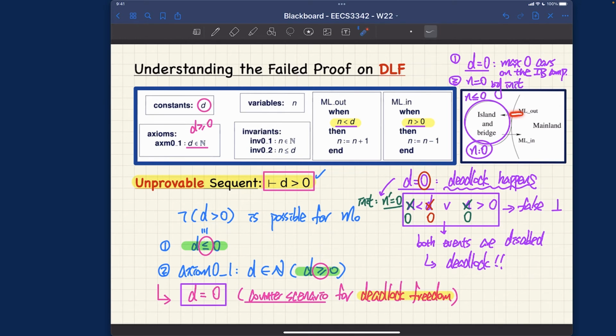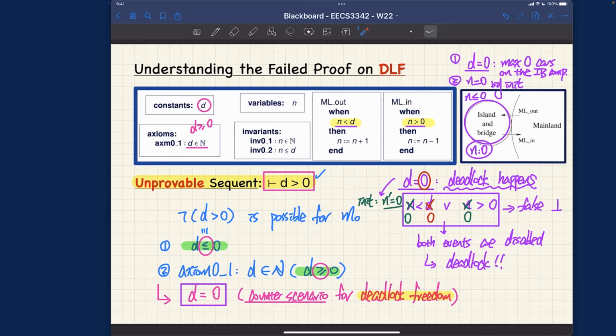We cannot go this way here because the maximum number of cars allowed in this compound is 0, so no car can enter this particular compound. That's why this was disabled. Similarly, symmetrically, we cannot go this way either, because n is initialized to be 0 and in order to go this way you must have at least one car. So neither way is going to work.